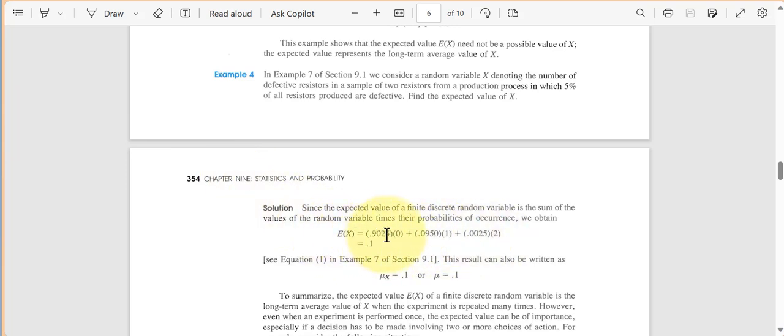The expected value is we take each value of x, and there are only 3, 0, 1, and 2, times their corresponding probabilities. That's this, this, and this, and apparently you get this. So we can say the expected value is 0.1, and you can also write it like this, or maybe even like that. If you don't want to carry around the x there, you can just drop it if people know what you're talking about. Okay, let's do another one.